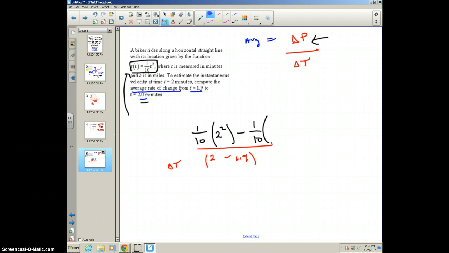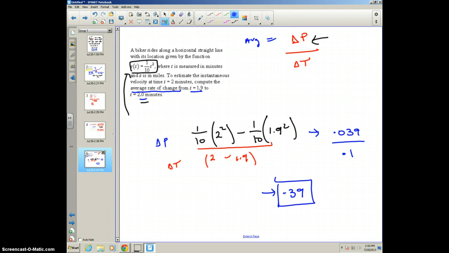So we're going to do 1/10 and then 1.9 squared. So that is our change in position. And when we do all of this, we're going to get 0.039 divided by 0.1. And this gives us 0.39. And that is our answer right there.